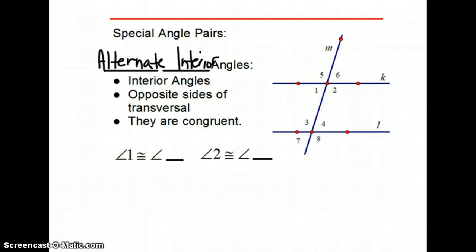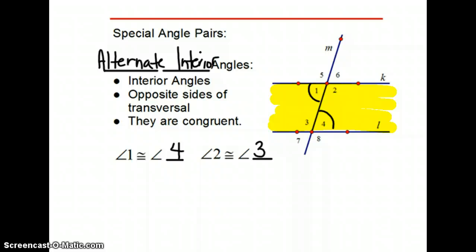So if I find the interior, that's going to be in this section. Those are all interior. But the ones that are on alternate sides are always going to be congruent to each other. So angle 1 is congruent to angle 4, and 2 is congruent to 3.